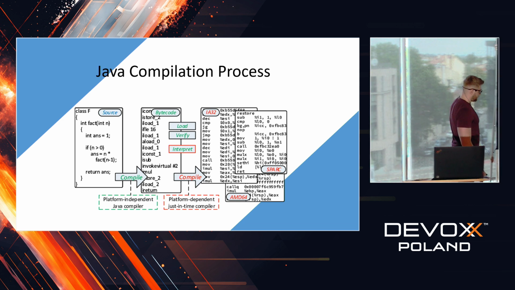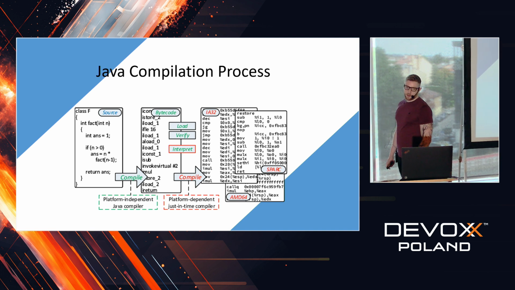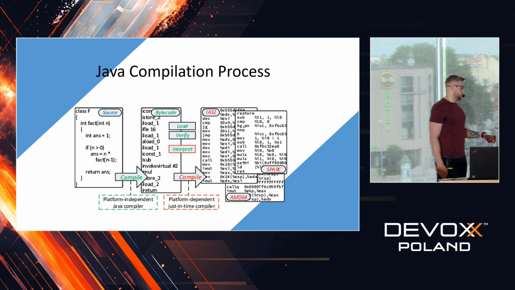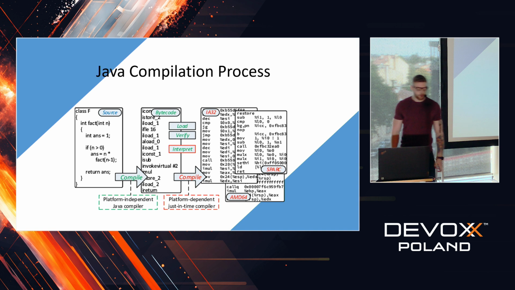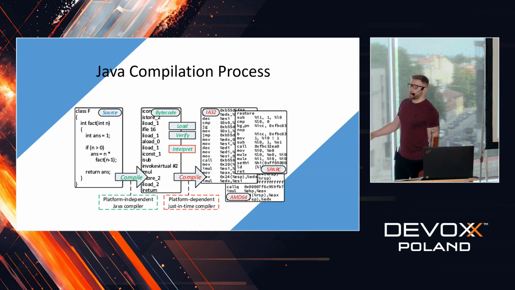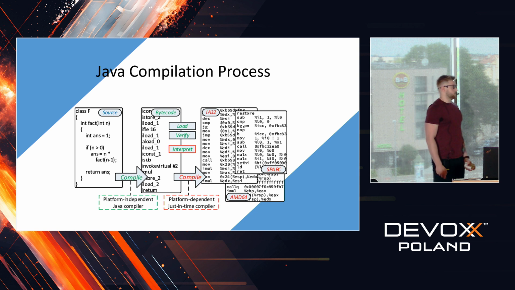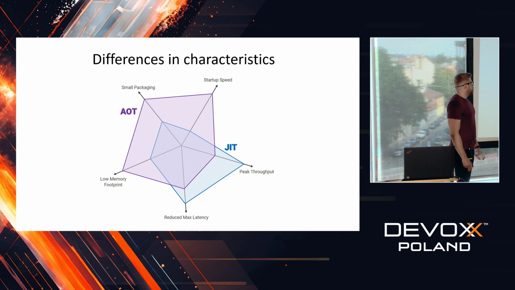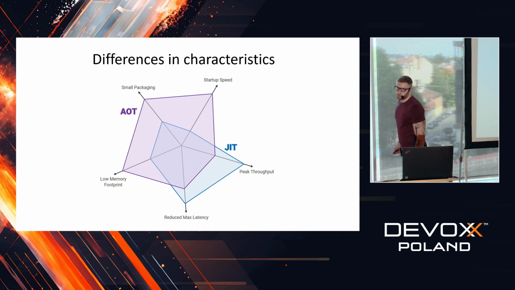But besides applications compiled with GraalVM just-in-time compilation running quicker than on the JVM, there's also something called ahead-of-time compilation. And actually, the very idea of ahead-of-time compilation is nothing new.